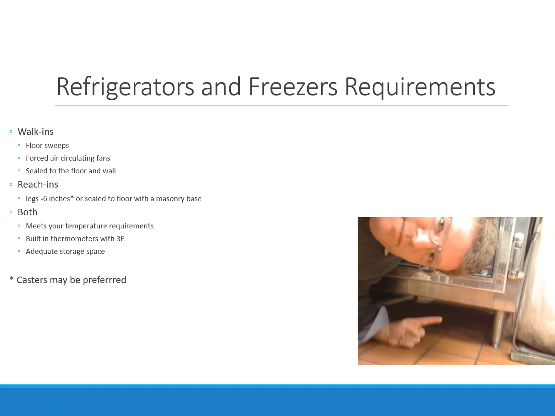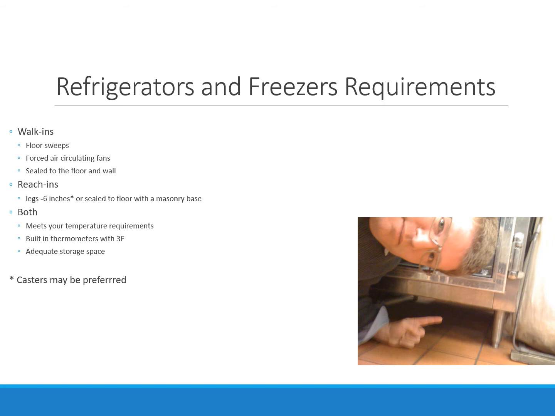Important thing is to make sure they're big enough to meet your requirements. An overloaded refrigerator doesn't work. A refrigerator requires airflow. If you pack a refrigerator solid, you won't get airflow, and it's possible to have warm spots in a walk-in refrigerator or even a home refrigerator up to about 65 degrees if you don't have airflow.